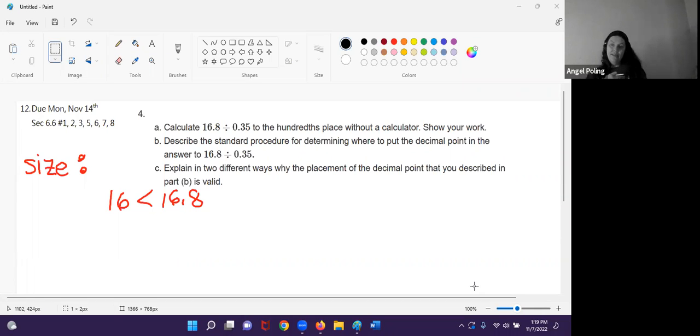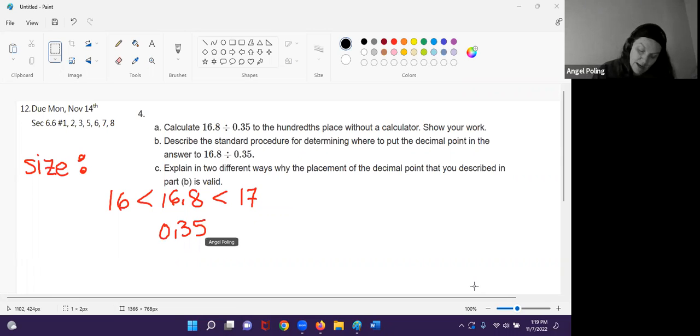Okay, so we've got that 16 is less than 16.8. And then I did both just to play around with the numbers, right? And then the 0.35, let's see, that's bigger than a 0.25, and a 0.25 is a quarter, right?